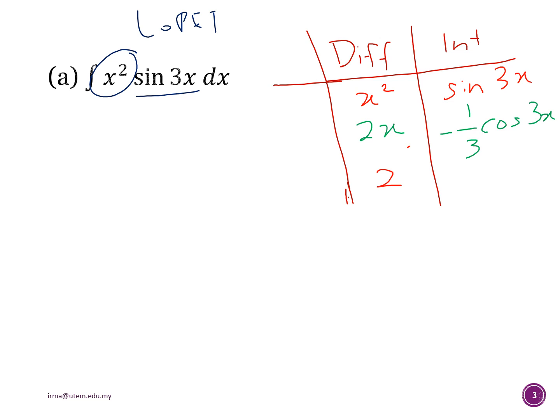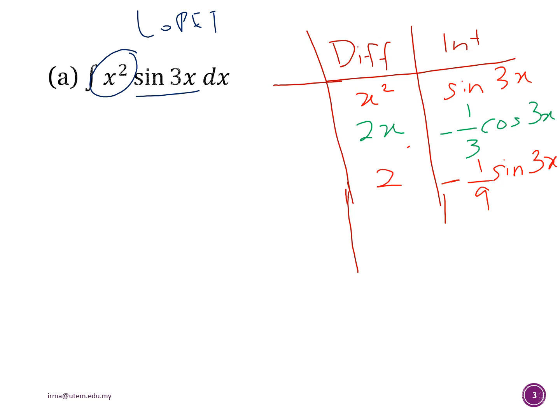Integrate cos, you will get positive sine, but since you have negative in front, the negative will be maintained. So you get sine, same angle, but in front you will get 1 over 9, because 3 times 3 is 9.